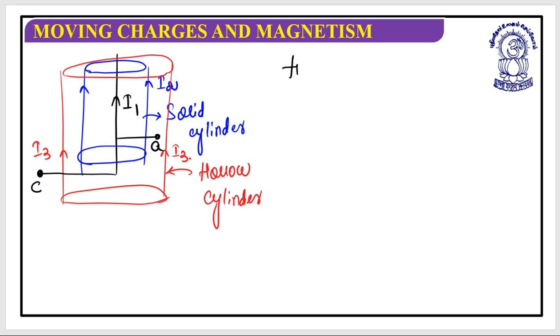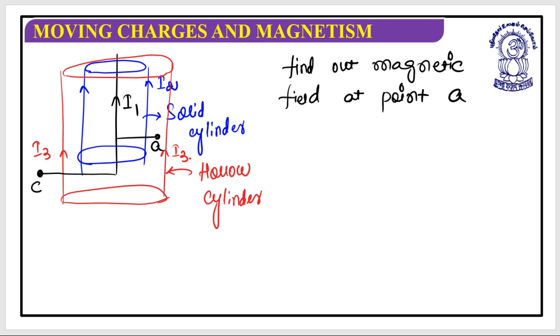You want to find out the magnetic field at point A and point C. This is your requirement. How will you do this?